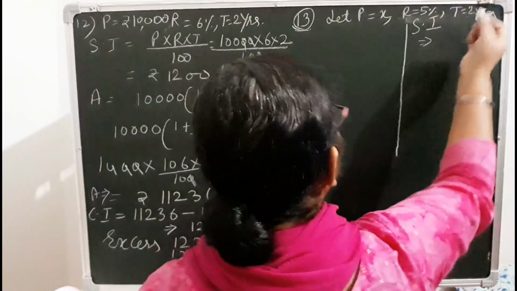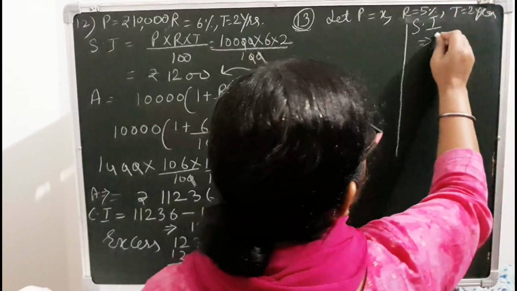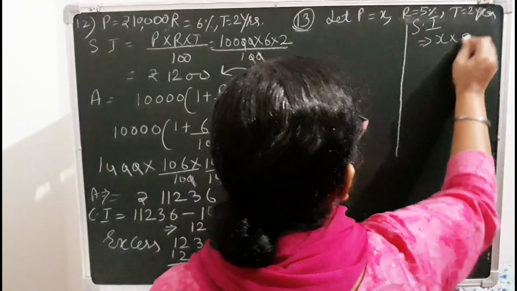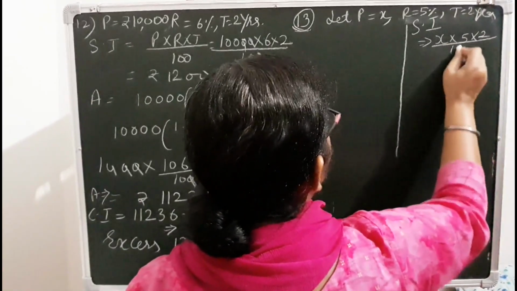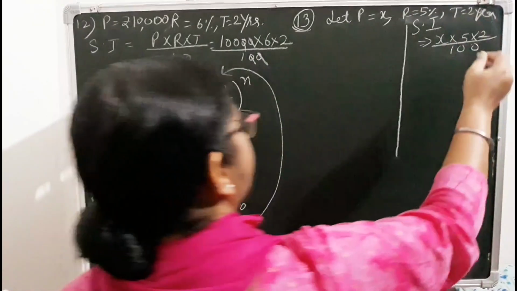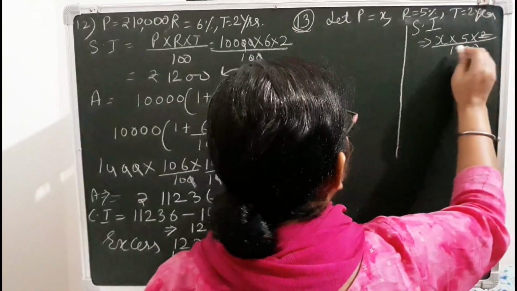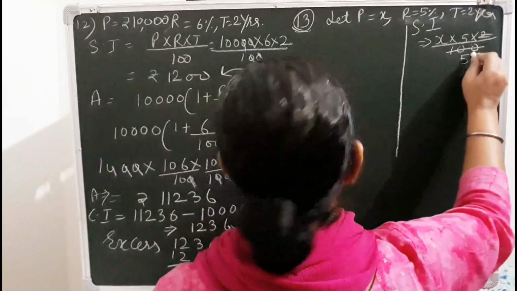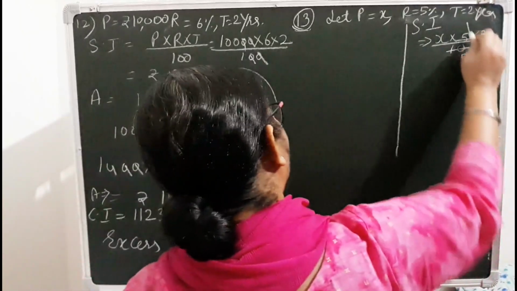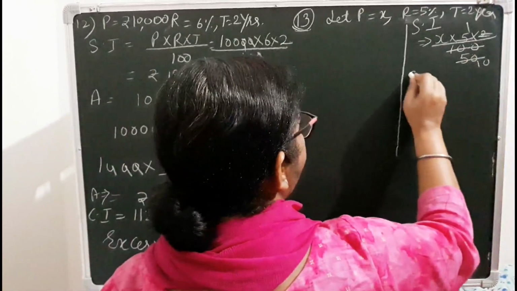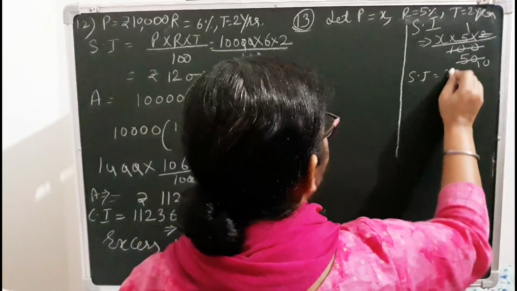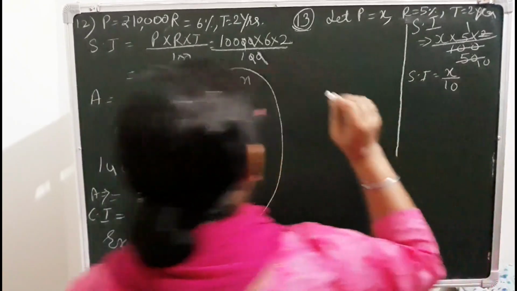Simple interest P into R into T over 100 is x into 5 multiply 2 over 100. 2 5s are 10. Means simple interest is x over 10.